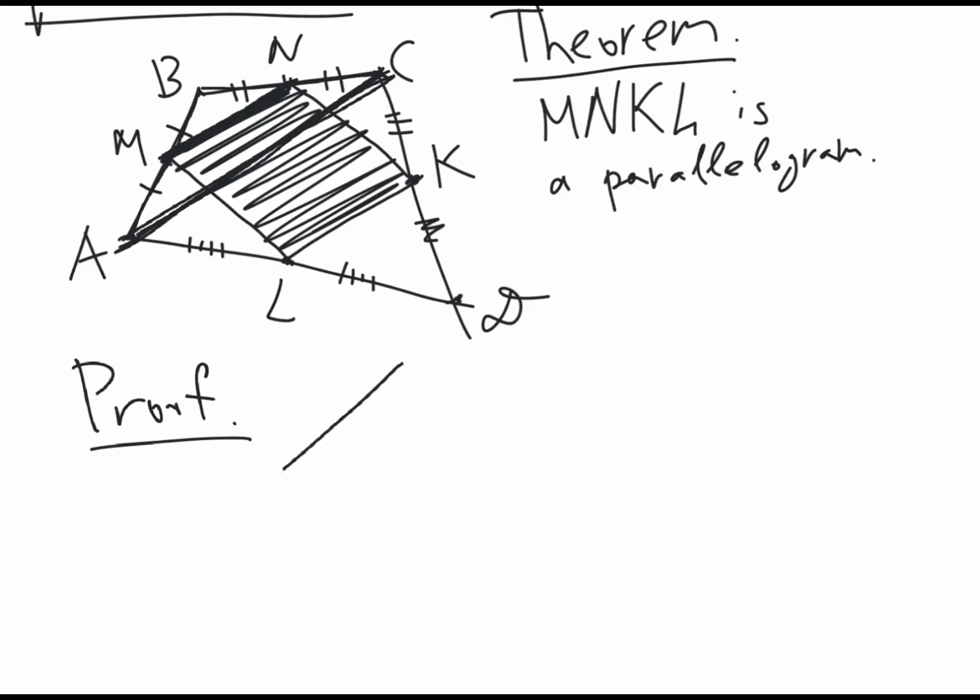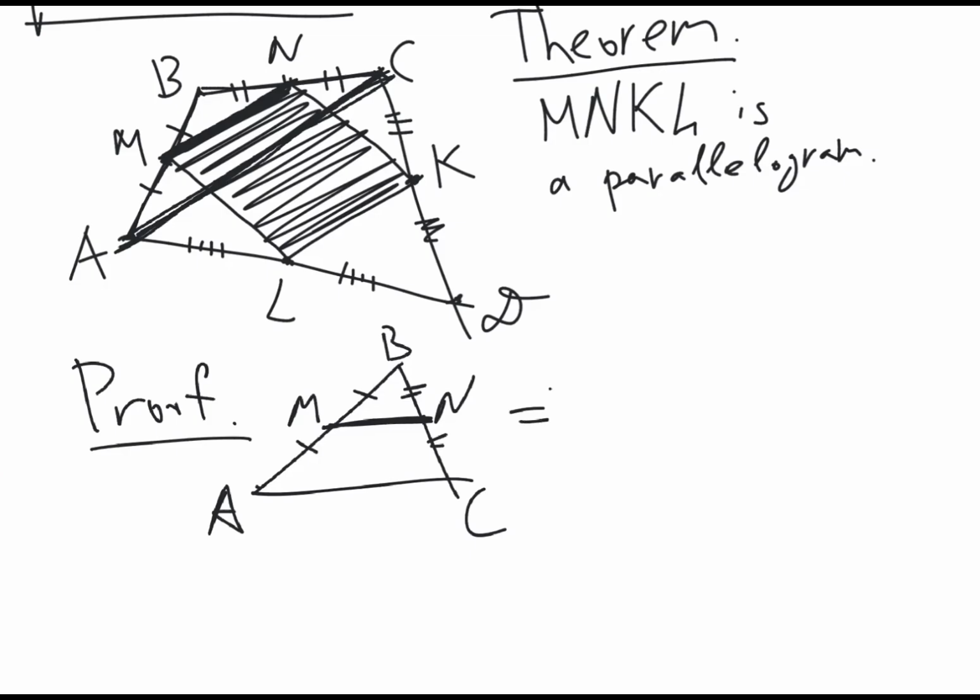So in any triangle ABC with these midpoints, MN, we know that MN is parallel to AC, and MN is equal to 1/2 of AC.